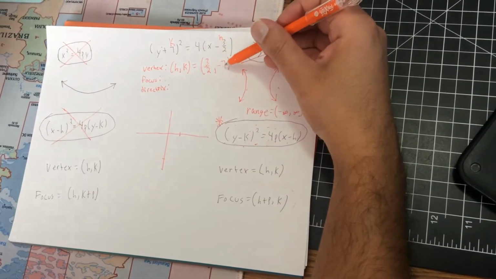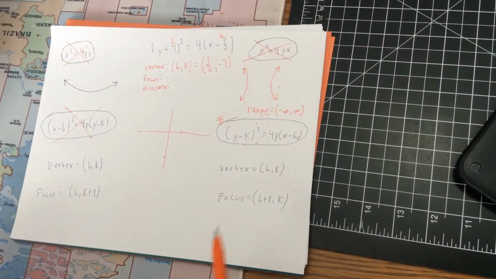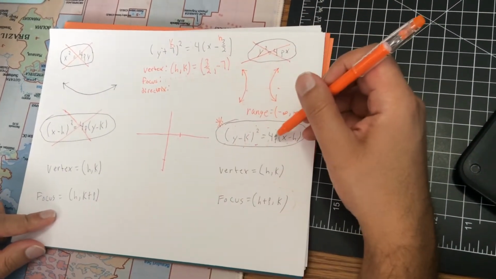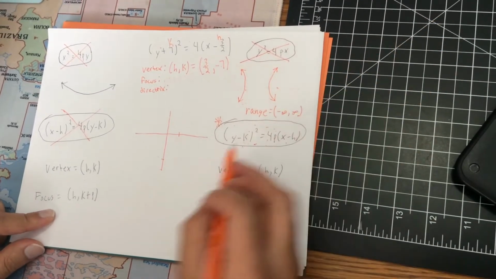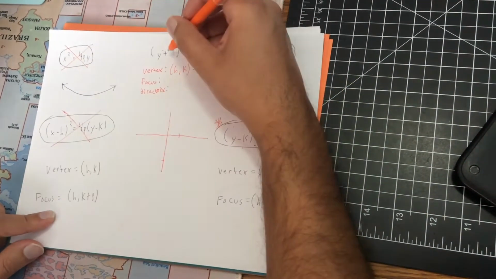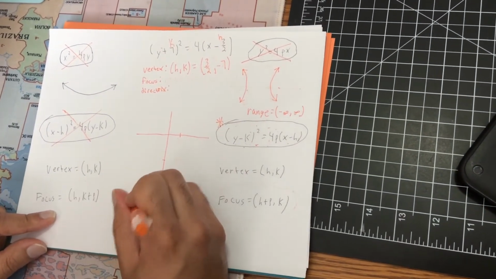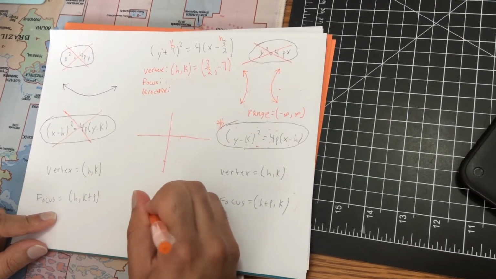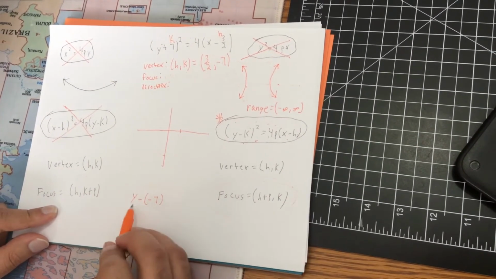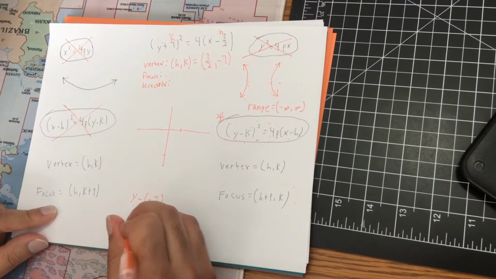Why is it -7 instead of just 7? It's -7 because if you look at the original equation, we have y minus k. So that 7 must have originally been -7, because y minus -7, two negatives make a positive.